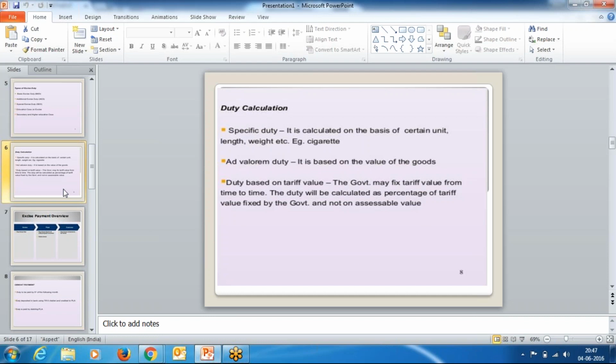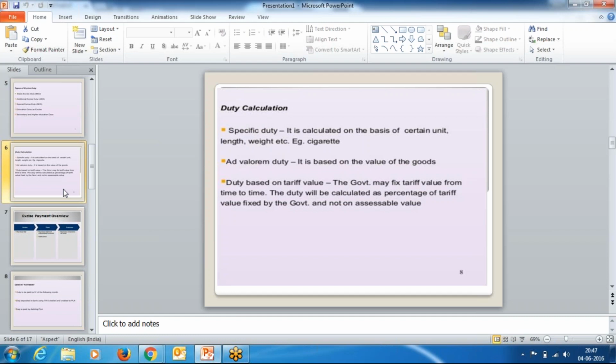The second way is a duty based on the value of goods, the total purchasing value of goods. This second one is applicable on a value-based total, we can say the total consignment value, while the other one is purely based on price.